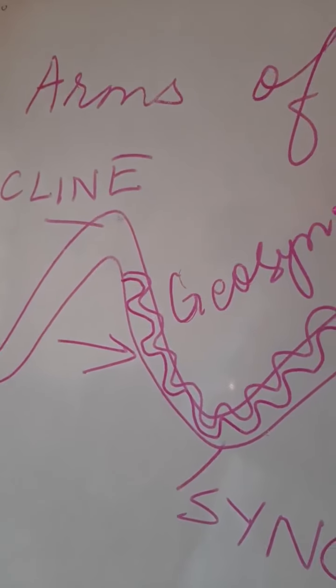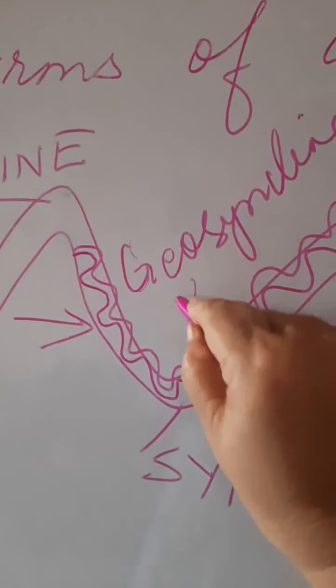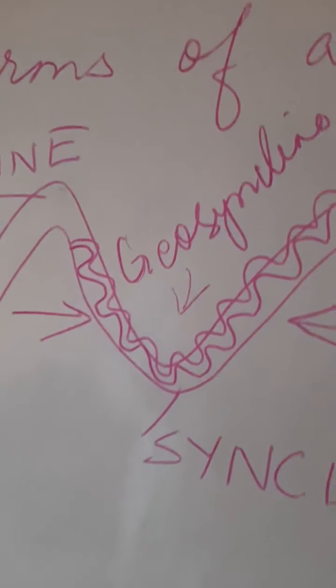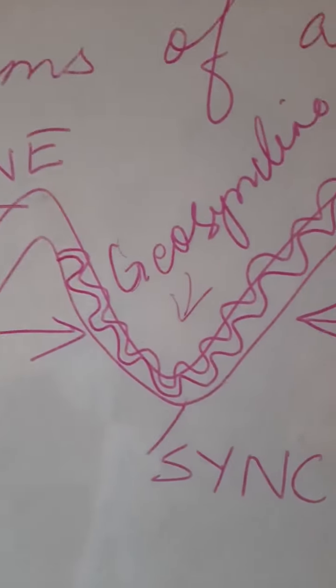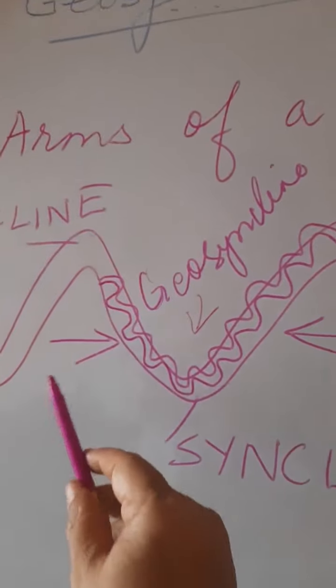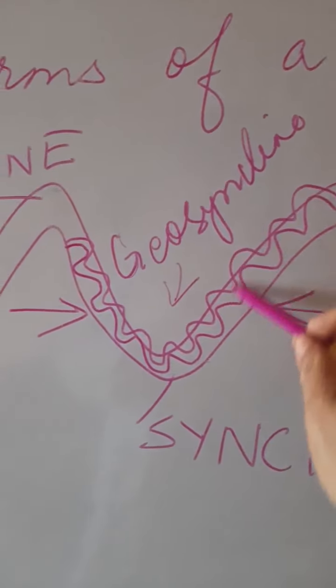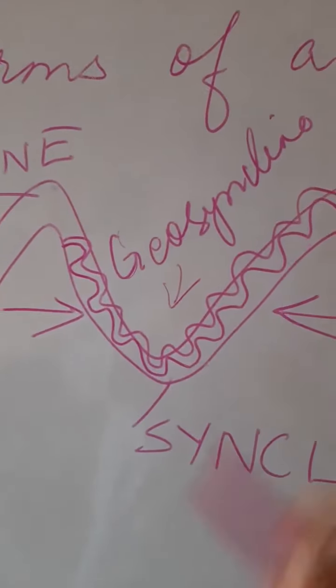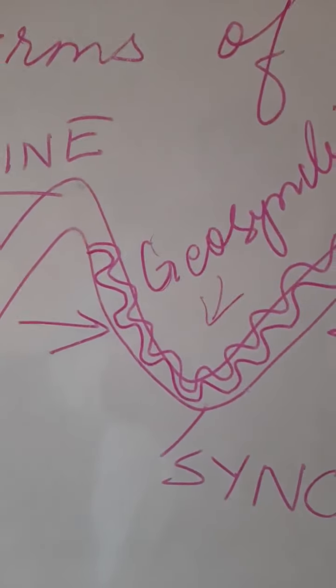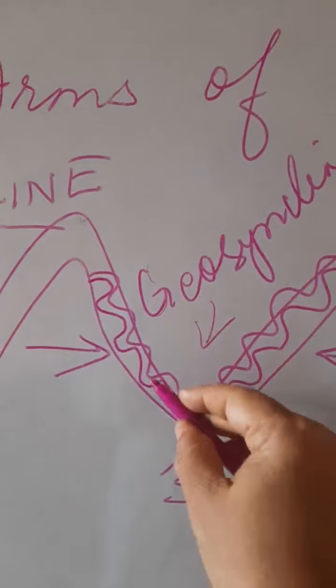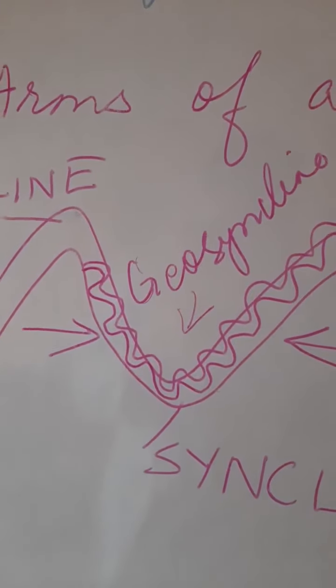geosyncline. This forms when there is pressure from both the sides. When there is compression from both the sides, the sediments that have been deposited form such numerous small folds, forming a geosyncline.